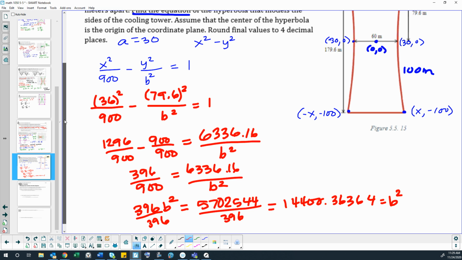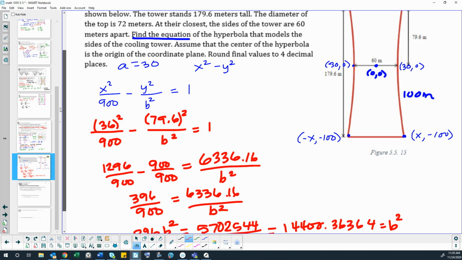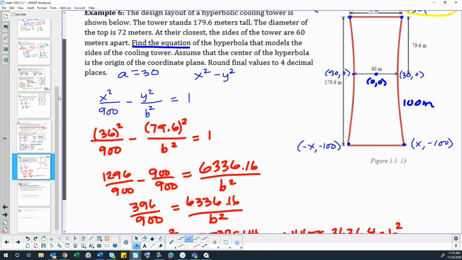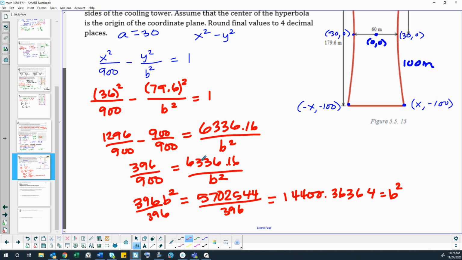But our goal here is honestly just to write an equation. So we don't need to find b. b squared is good. So we're rounding final values to 4 decimal places. I think what I wrote down out of my calculator here is 5 decimal places, so we'll just cut the 4 off and we're good.